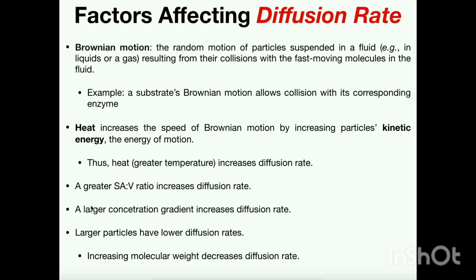So a larger concentration gradient increases diffusion rate. A greater surface area to volume ratio increases diffusion rate, and then adding heat or increasing the temperature increases diffusion rate. The only inverse one was molecular weight. And if you learn it that way, that can help you tremendously when you're studying for an exam.